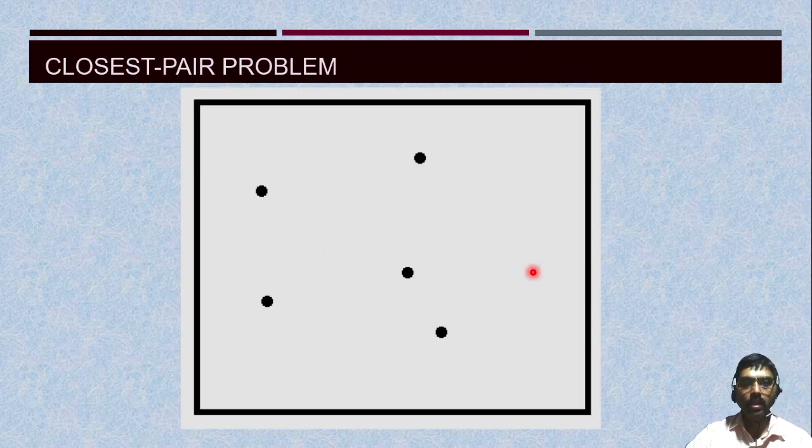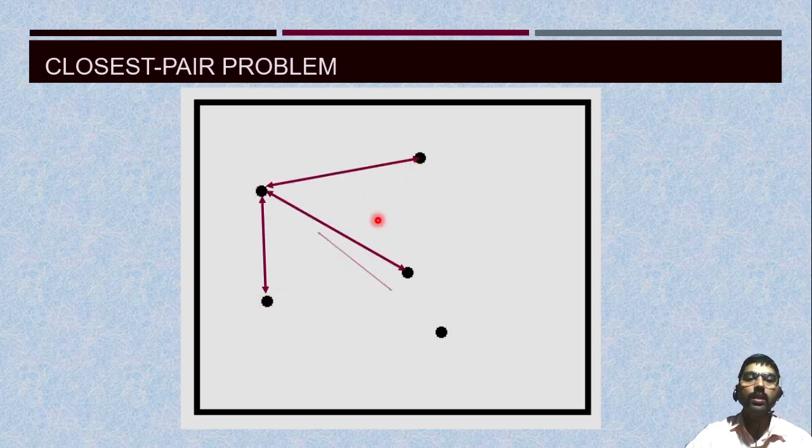First see here how the closest pair works. Now I am starting from this point first. The algorithm is very simple. I want to find the distance between all the pairs. So I start from the first point, and find the distance between this, this, and this.